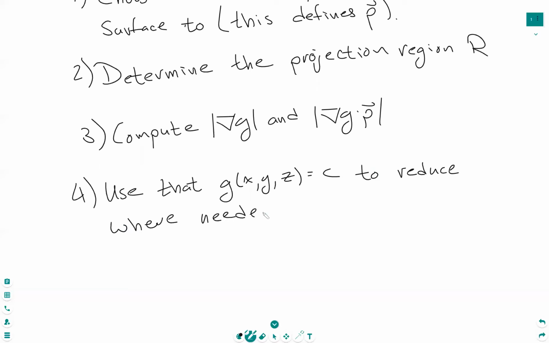So step 4 is that because we have this function g of x, y, and z is equal to c, we can use it to reduce the integrand where needed.